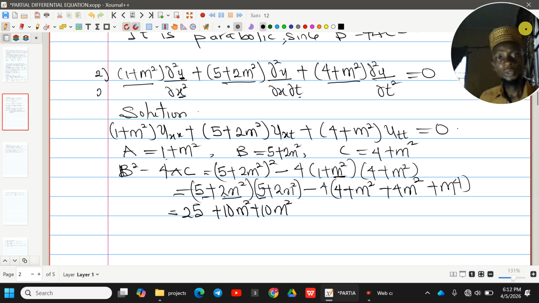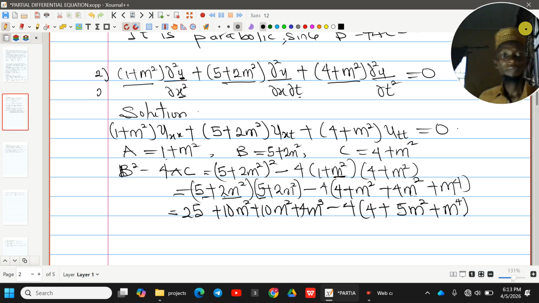Okay. We have 2 times 2 here is 4, m squared times m squared is 4m raised to power 4. Okay. Minus 4. Let me just, this one will be 4 plus m squared plus 4m squared. This one will be 5m squared, plus m raised to power 4.